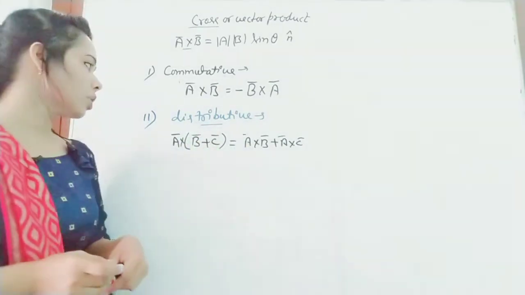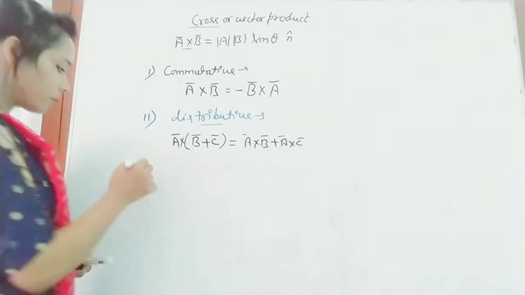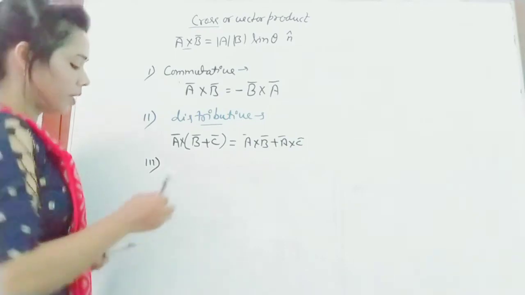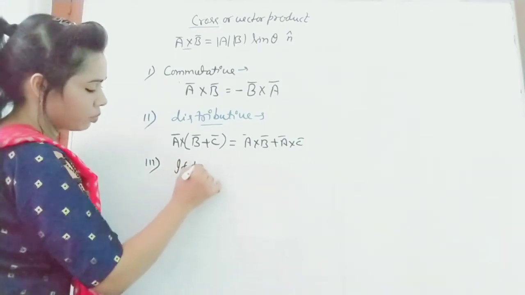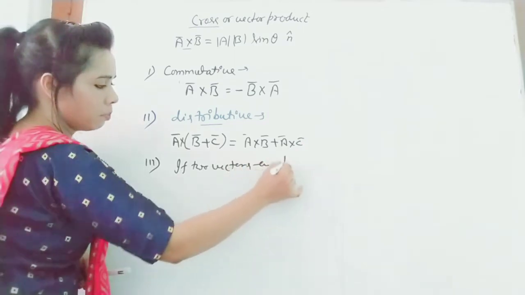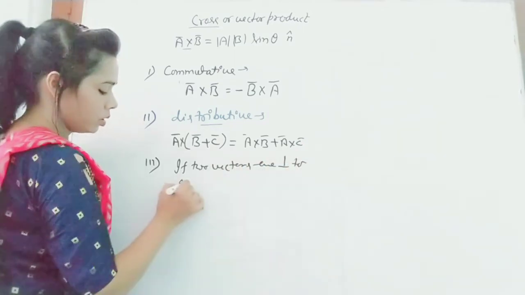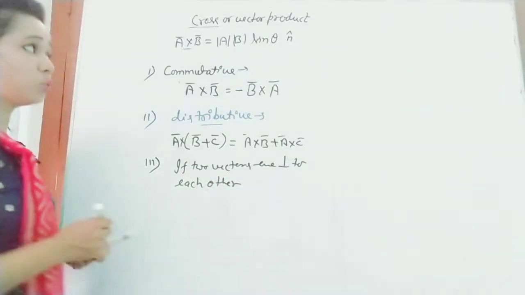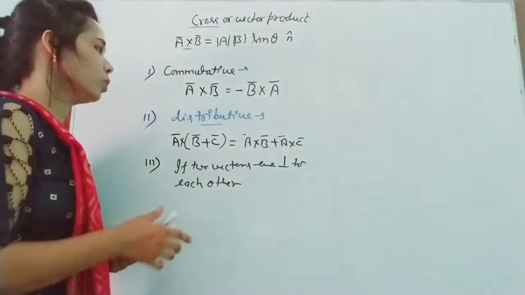Understood? Now the third property is, if two vectors are perpendicular to each other, then what will happen? Let's understand.